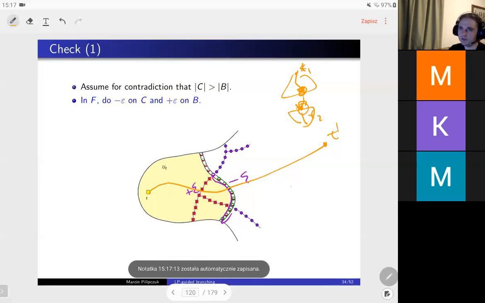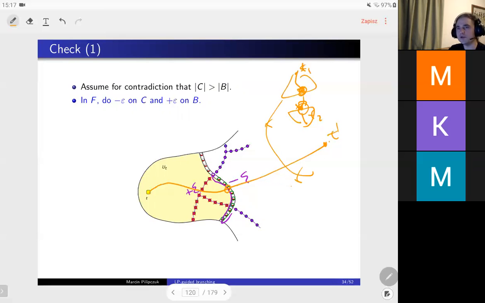Maybe this is the same vertex, and then it gets one, if there's a vertex neighboring two zero regions. So we only care about this guy decreasing its weight for the paths that start in T and go to some other terminal, because all the other paths are already taken care of by the boundaries of the terminals.